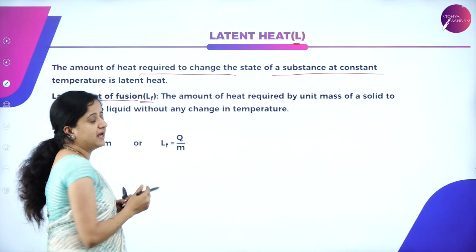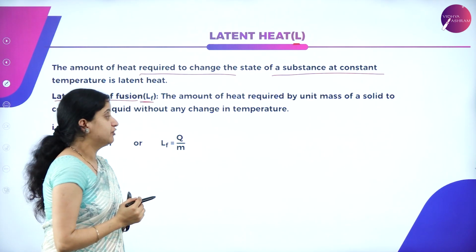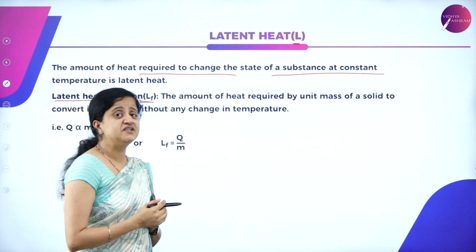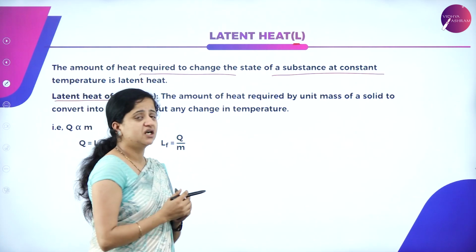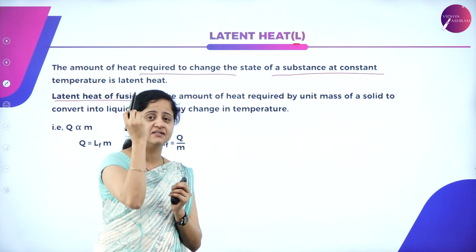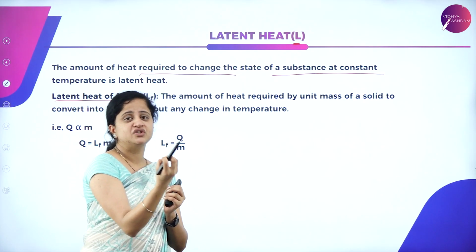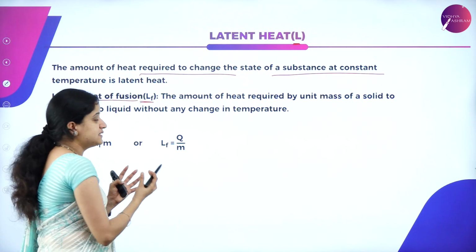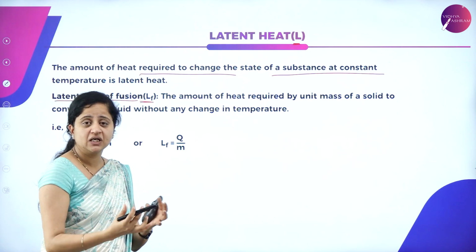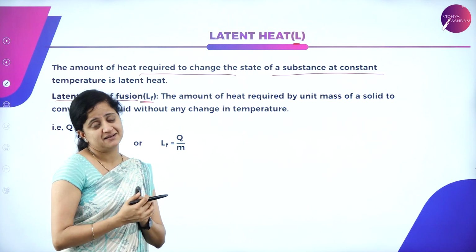So in that we have a concept called latent heat of fusion, that is denoted by LF. The meaning of latent heat of fusion is the amount of heat required to change a solid state, that is the unit mass of solid to liquid. What is the amount of heat that is required without changing temperature?